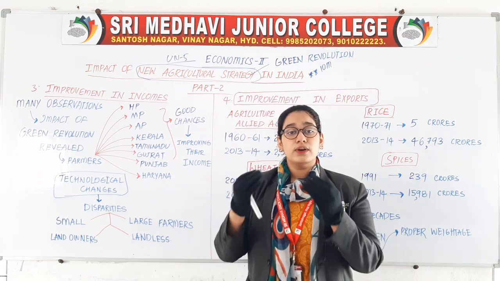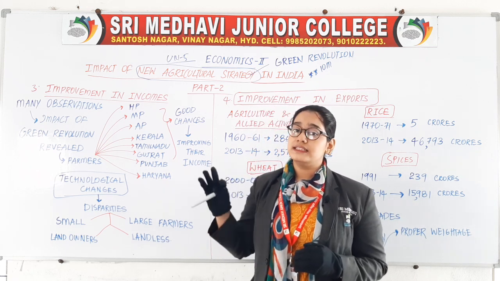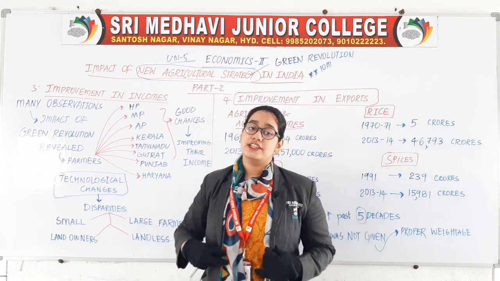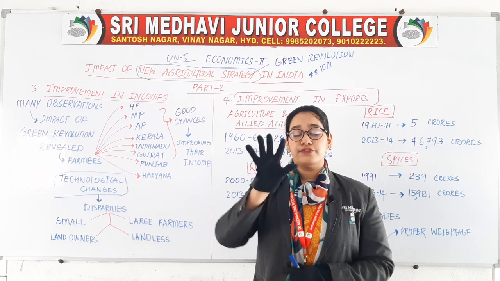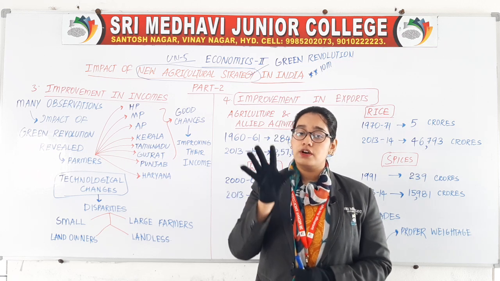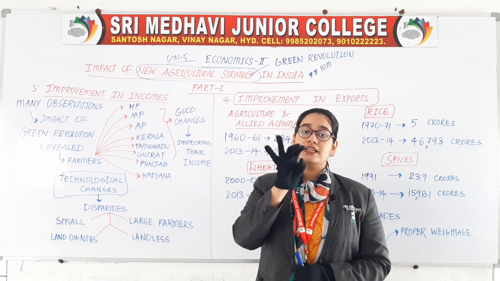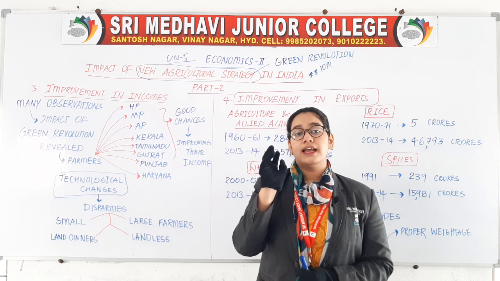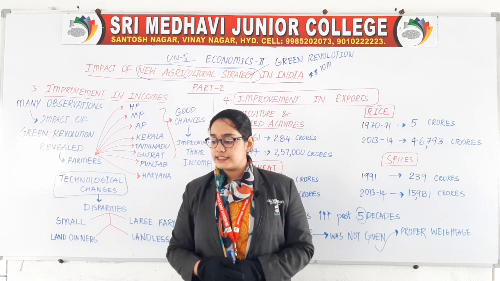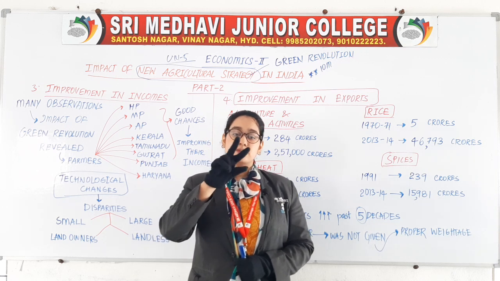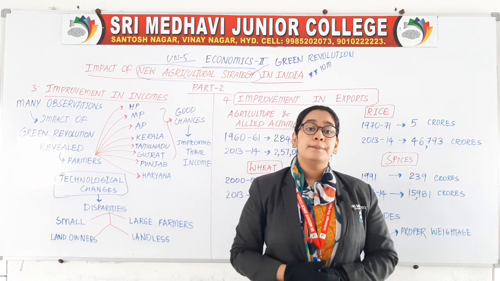But still, what is the negative impact? This agricultural strategy was applicable only for 5 crops. Which 5 crops? Rice, wheat, jowar, bajra, and one more crop, that is maize. Rice, wheat, jowar, bajra, and maize.